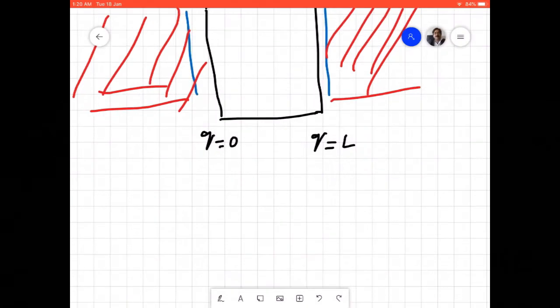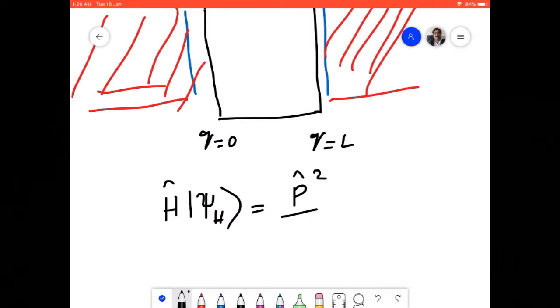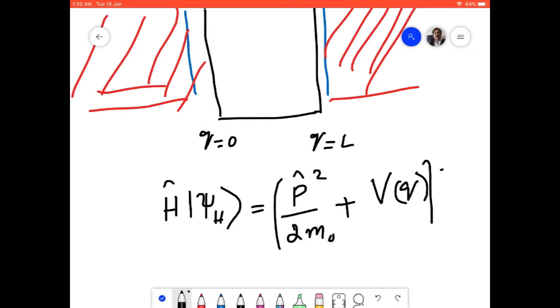So as we know, the equation for this particle will be H applied on a Hamiltonian state, that is P square over 2 m naught plus V(q), also applied on the Hamiltonian state.